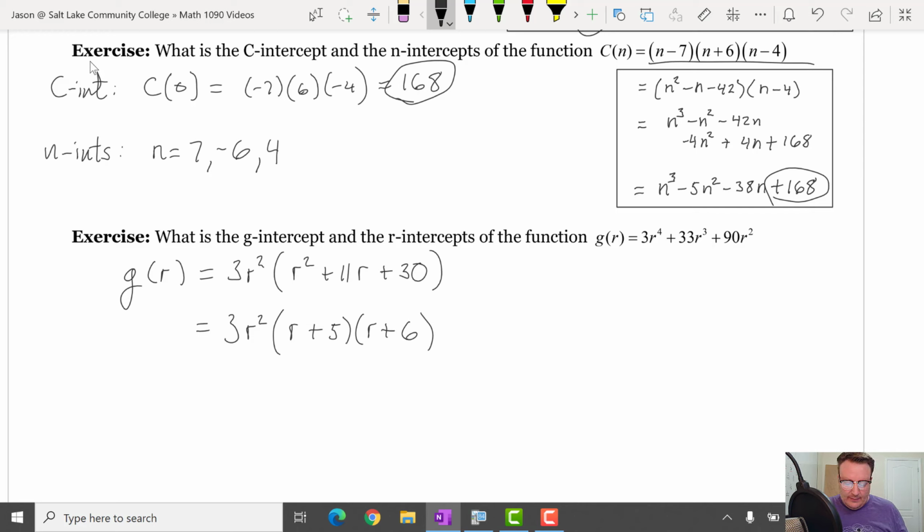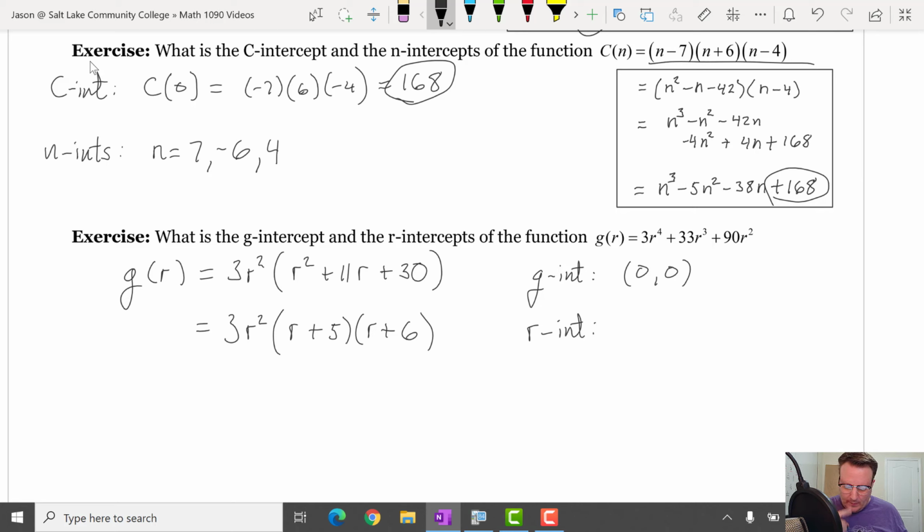So then, notice the g-intercept, same idea as the y-intercept. Just evaluate the function at r equals 0. When I plug in r equals 0 into this function, of course, I get 0 out. I'll write it as a coordinate pair, so it'll be 0, 0. What about the r-intercepts? I'll write these as pairs as well.